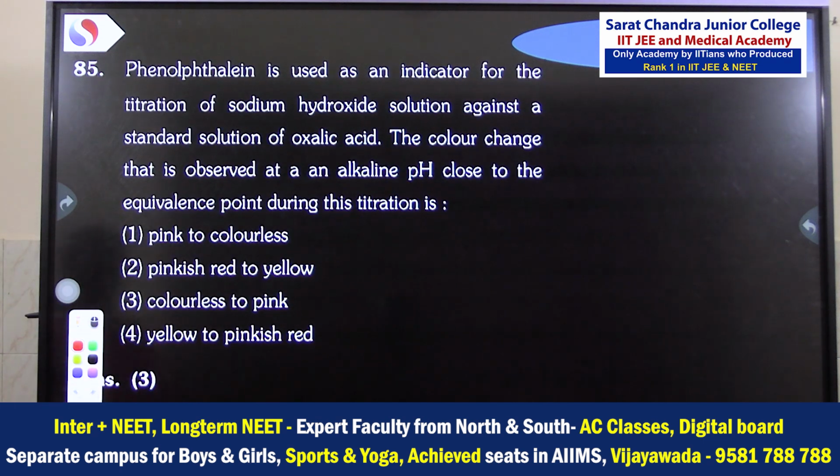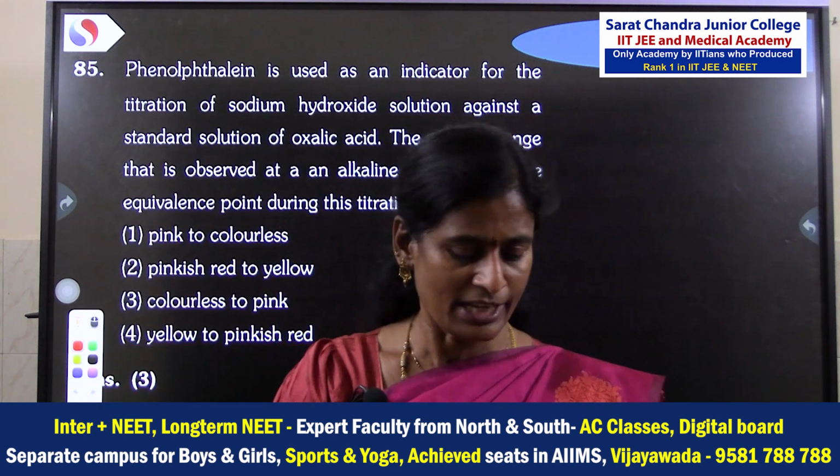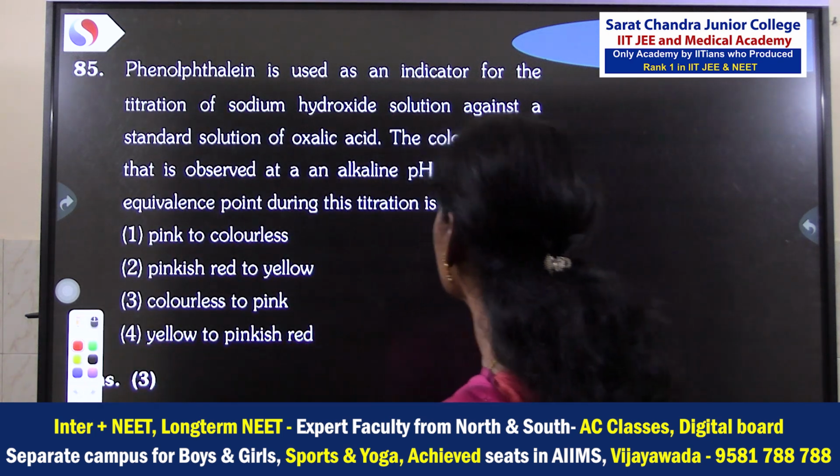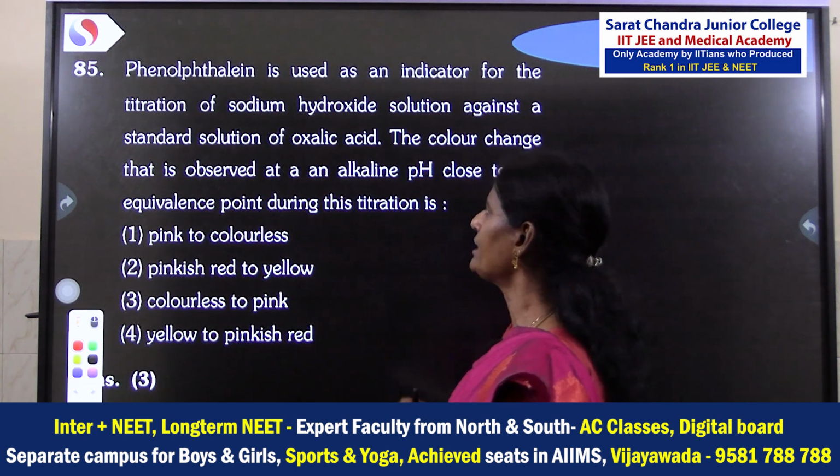Next, 85. Phenolphthalein is used as an indicator for the titration of sodium hydroxide solution against a standard solution of oxalic acid. So NaOH versus oxalic acid means it is an acid-base titration. NaOH is the base, oxalic acid is the acid.